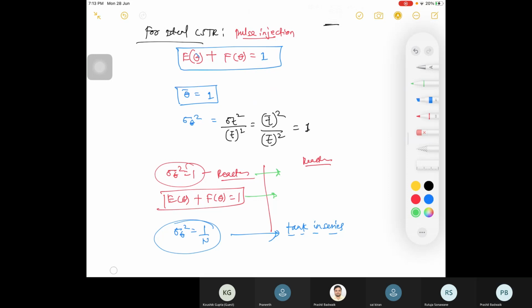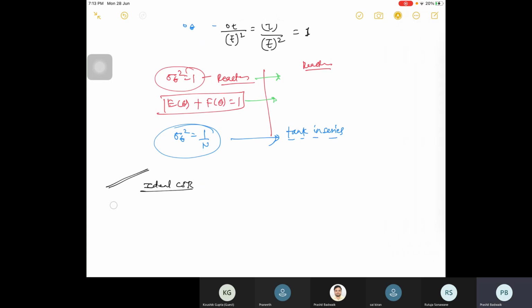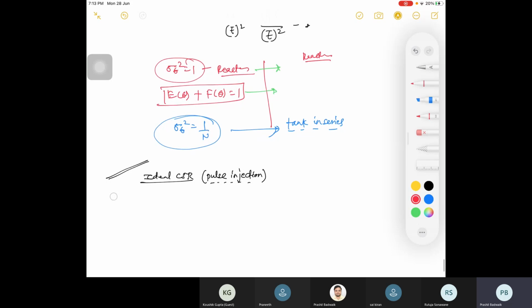Before coming to the end of this session, I would like to conclude the formulas which we studied today. Please tell me the formulas one by one. We started with our ideal CSTR with pulse injection. Please summarize the formulas, and write this in your shortcut book or formula book.